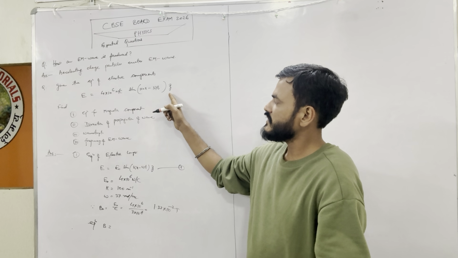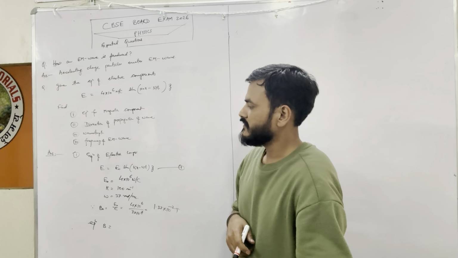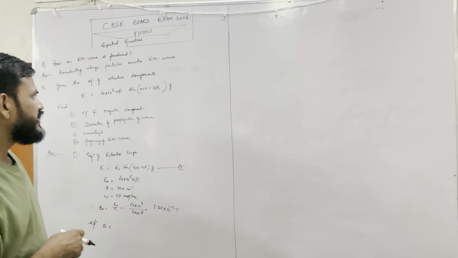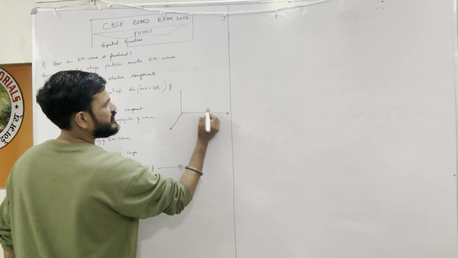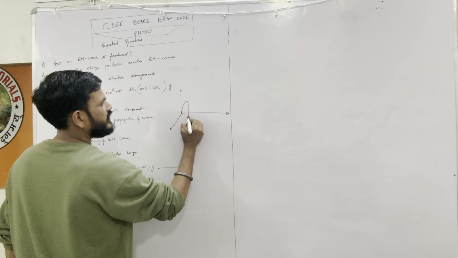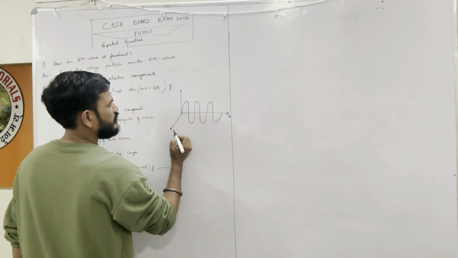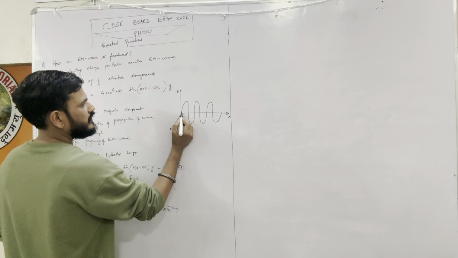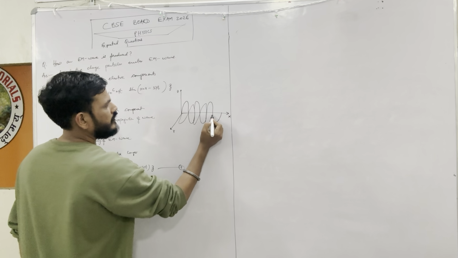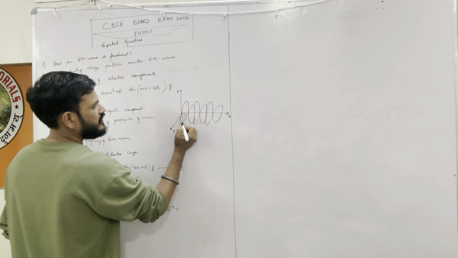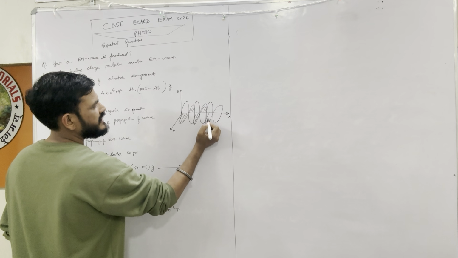If the wave is propagating along X, with axes X, Y, Z, this is your electric component because it is oscillating along the Y axis.